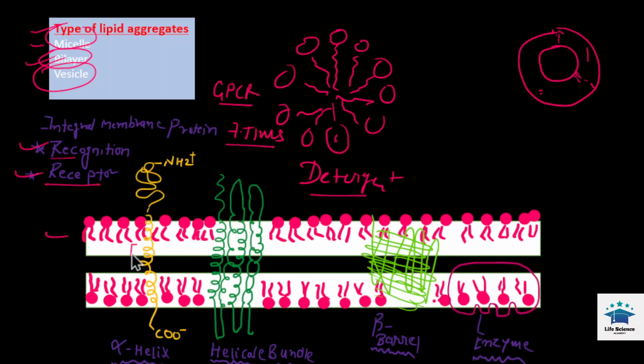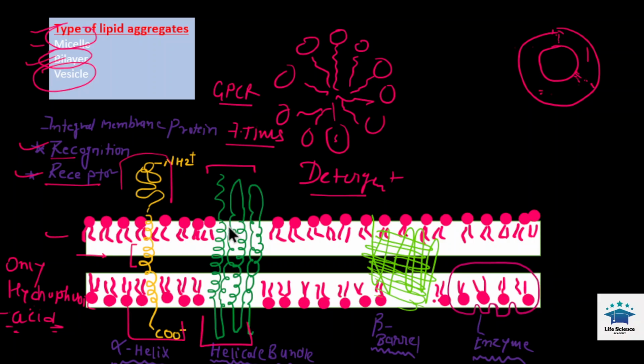If we want to know, this region is highly non-polar, so in the highly non-polar region, only hydrophobic amino acids will be present. So give the names of hydrophobic amino acids in the comment section. And this region is facing the cytosol and the exoplasmic phase.